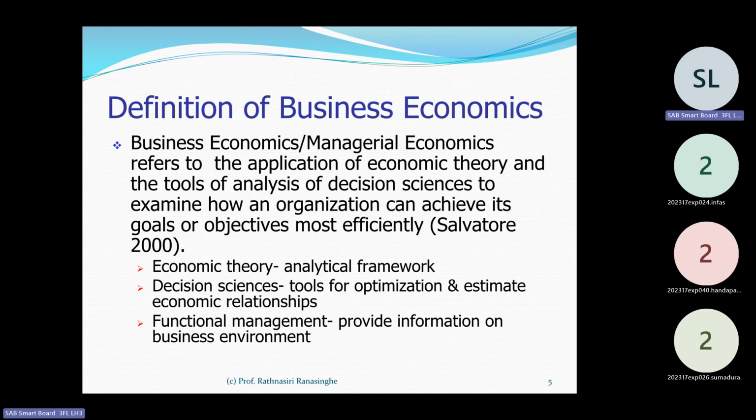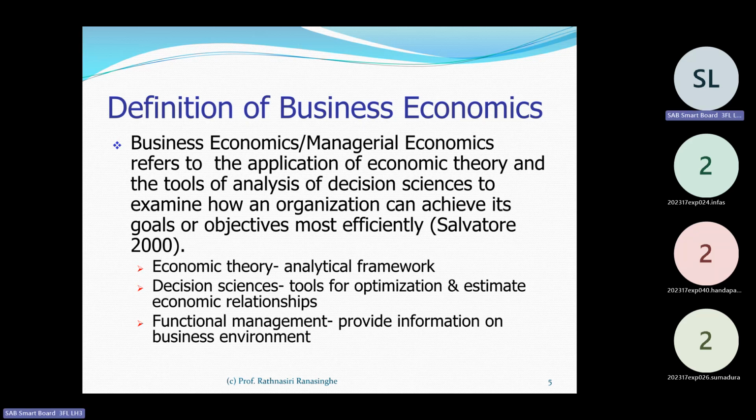And also we use decision sciences, which are tools. As we mentioned, when we talk about rational behavior, we are going to optimize. We always talk about maximization or minimization: maximize profit and minimize cost.